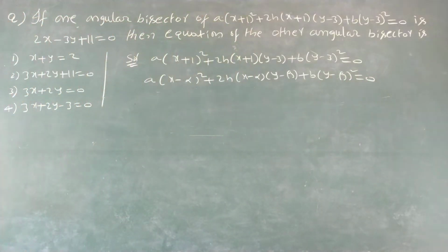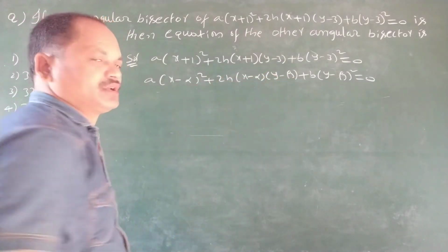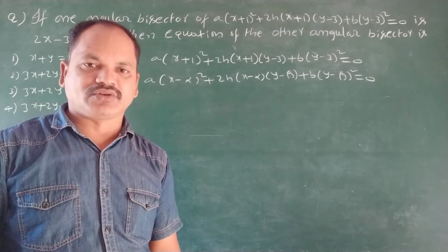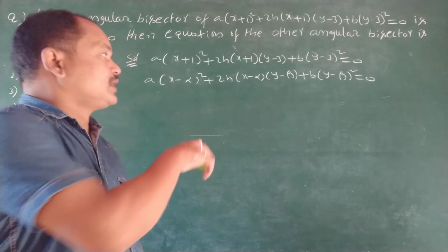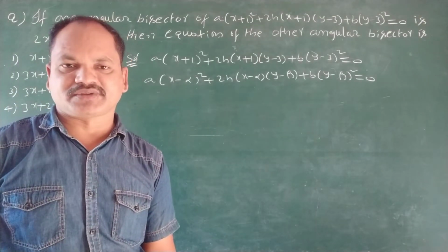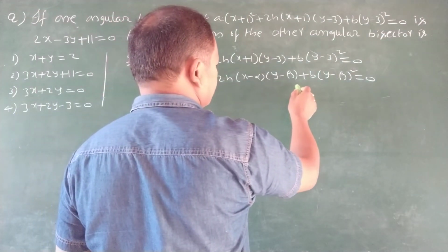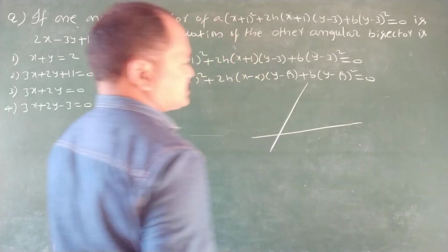It represents the pair of lines passing through alpha comma beta. If the pair of lines passes through 0, 0, then it is a homogeneous pair of lines. Now it is passing through alpha comma beta, so it is a non-homogeneous pair of straight lines. That's why this non-homogeneous pair of straight lines equation has a pair of angular bisectors.